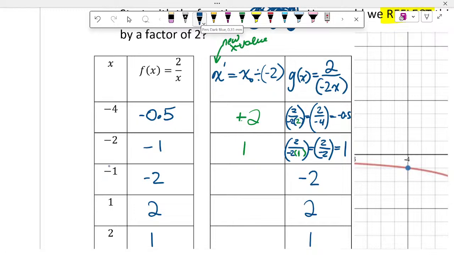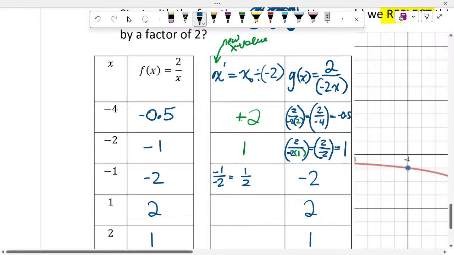So what would this x value become? Negative 1 would become negative 1 over negative 2, which is positive a half. Does that make sense? What would 2 become? 2 over negative 2 would become, oh, I did the wrong x value, sorry. What would 1 become? 1 over negative 2 is just negative a half.